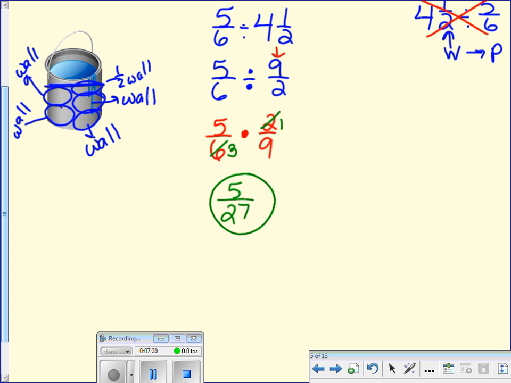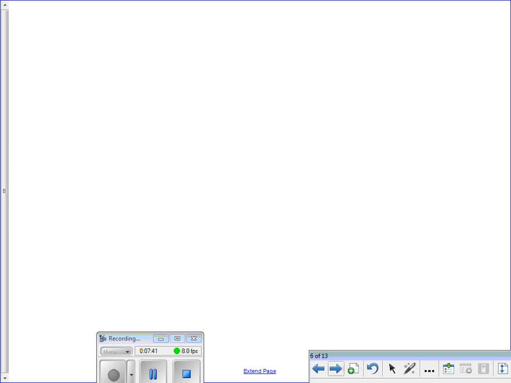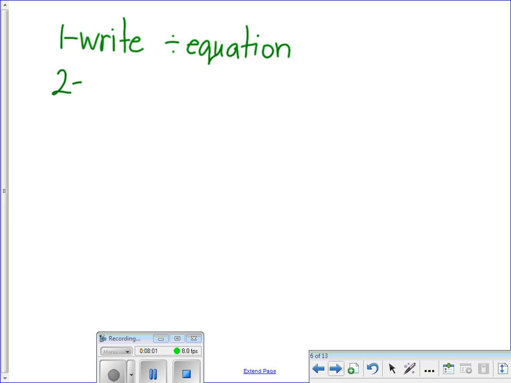So let's take a look at the steps that we're going to follow today. So first you're going to write your equation. And you can write this on the bottom of your note page. Once we take our notes, then we'll get to the matching game. Step 1: write the division equation. Step 2: change your mixed number.